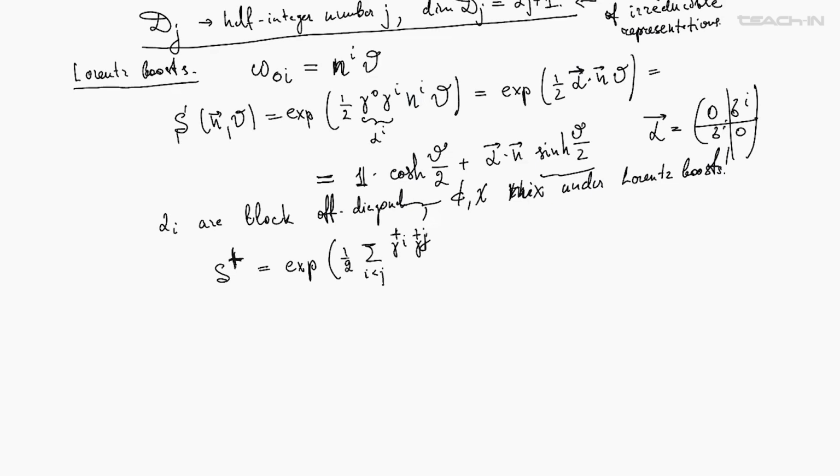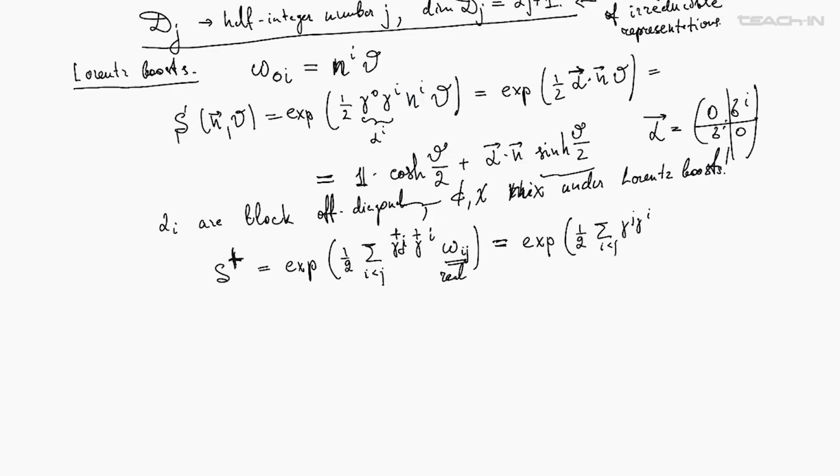Actually, upon dagger you have to change their order, because these are matrices, and under Hermitian conjugation matrices change their order, multiplied by omega ij. Omega ij is real. And now using the fact that the matrix gamma I is anti-Hermitian, this is the same thing as 1/2 sum over I less than J, gamma J, gamma I, omega ij.